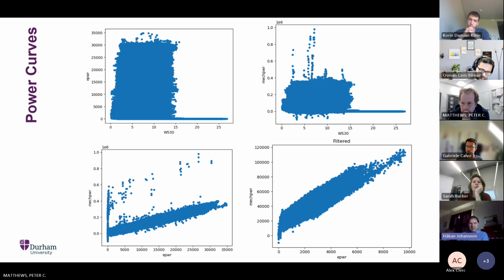Yeah, and the power. What did you have for power? I tried both of them, mechanical and electrical. I think the mechanical, if you take the main shaft torque multiplied by rotor speed, is very noisy. But no matter what I did, I never got the clean curve we see in the textbooks. No, exactly.